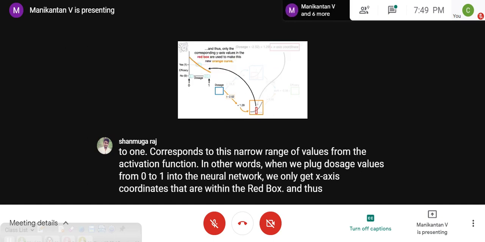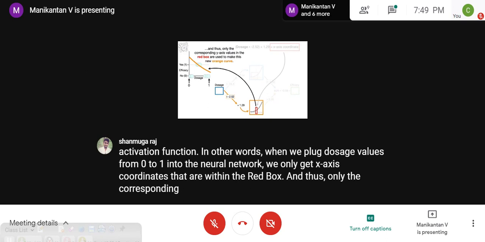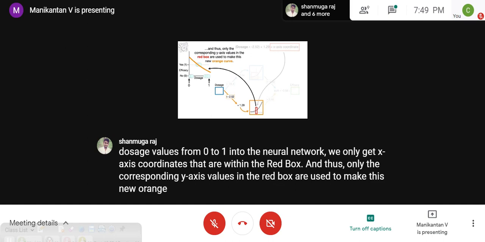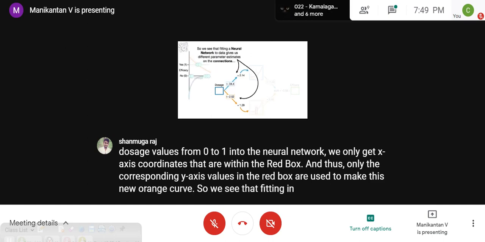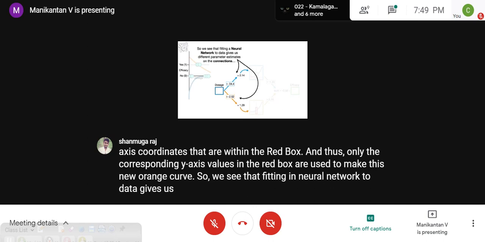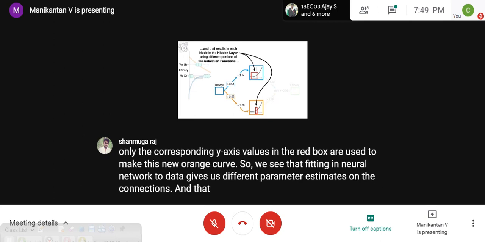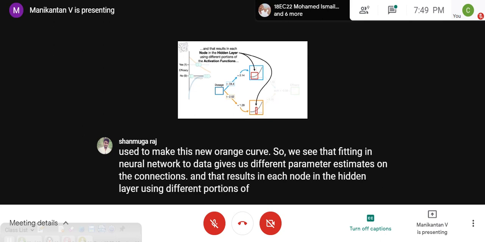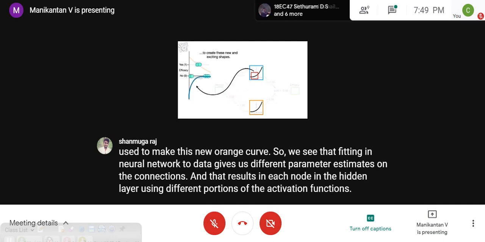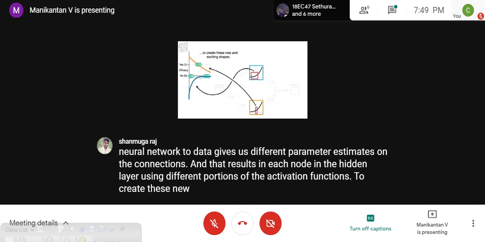And thus, only the corresponding y-axis values in the red box are used to make this new orange curve. So we see that fitting a neural network to data gives us different parameter estimates on the connections, and that results in each node in the hidden layer using different portions of the activation functions to create these new and exciting shapes.